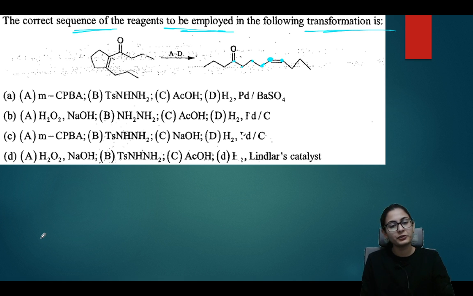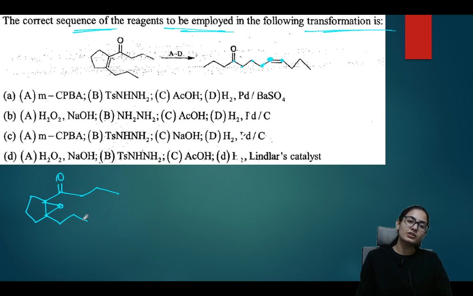That is completely up to you, because ultimately, first of all, you need just to form the epoxide. And then by the use of, let's say for example, tosyl hydrazone, because let's consider the Wharton reaction first.